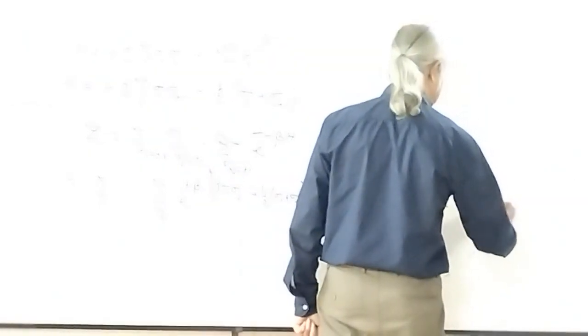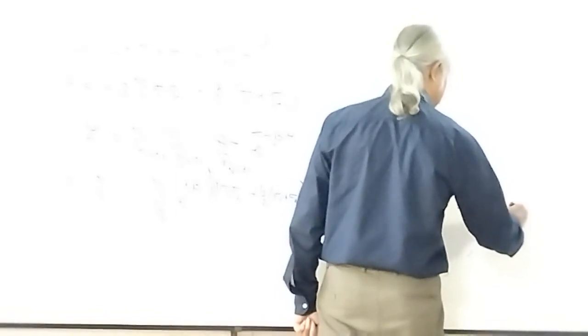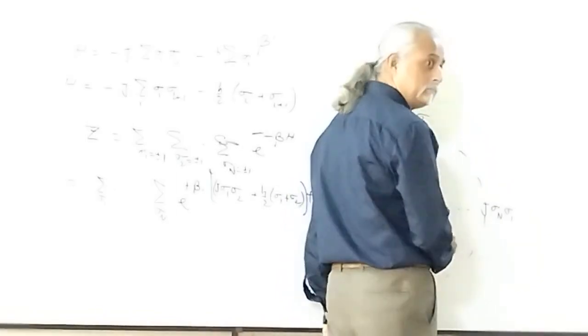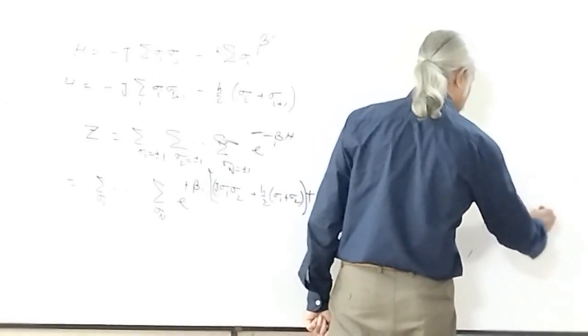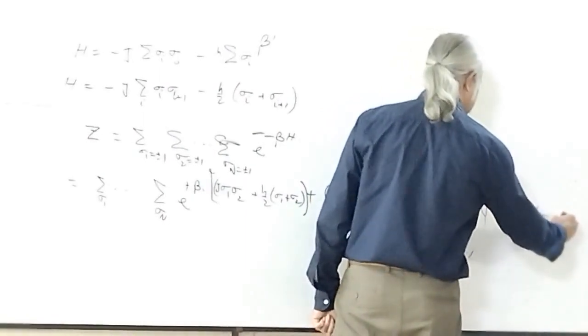J sigma n sigma 1 plus h by 2 sigma n plus sigma 1.